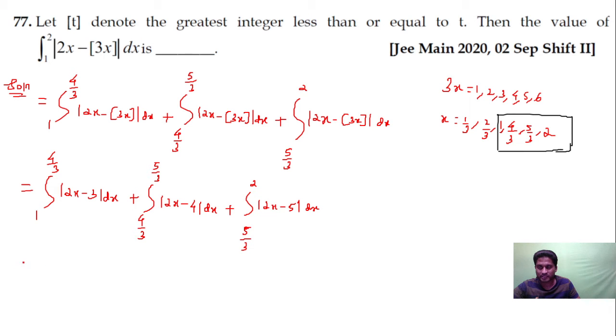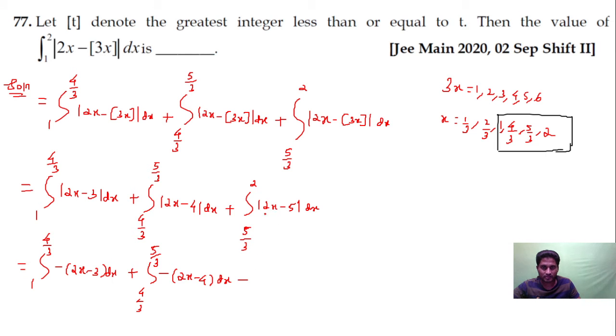Now let us check the mod value. For 1 to 4 by 3, if I substitute 1, 2 minus 3 will be negative, so the mod is negative, so this is minus of 2x minus 3. Again, the integral from 4 by 3 to 5 by 3: if I substitute 8 by 3 minus 4, it will be negative, so you get minus of 2x minus 4 dx.